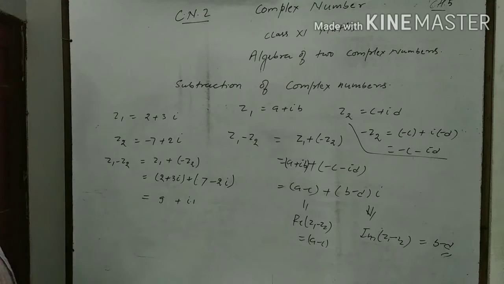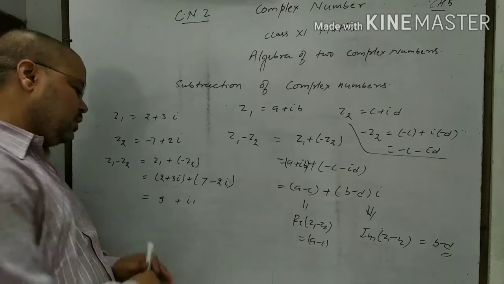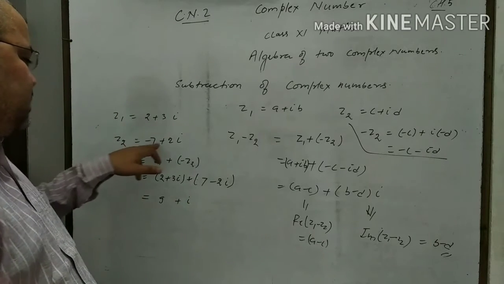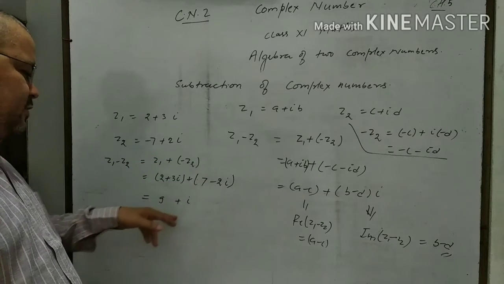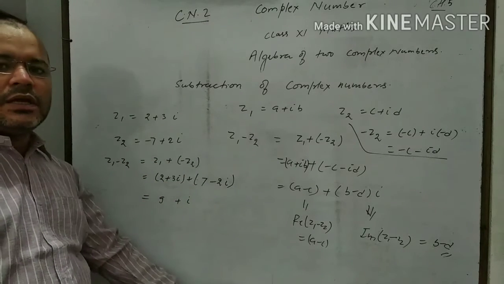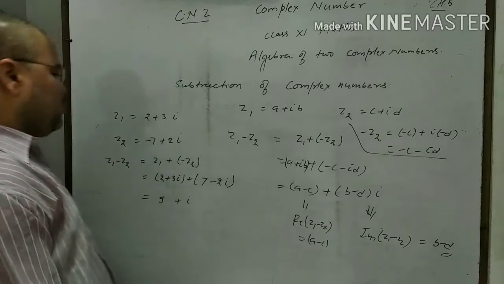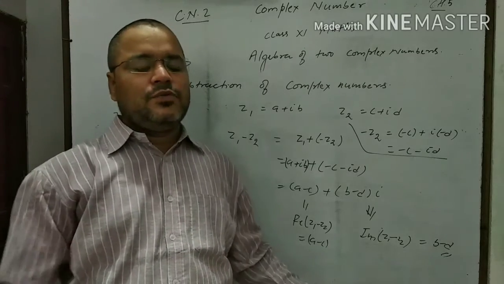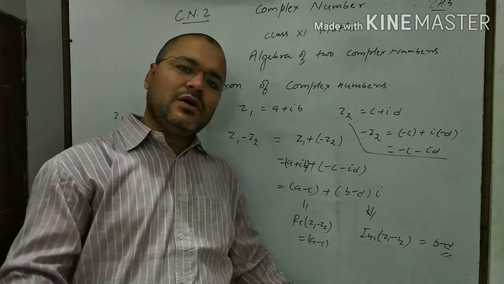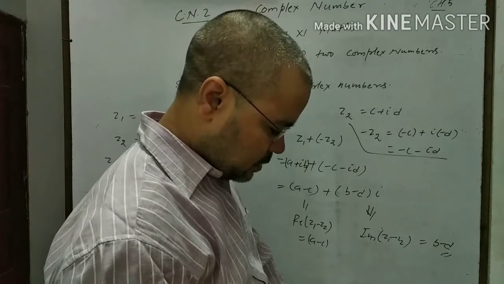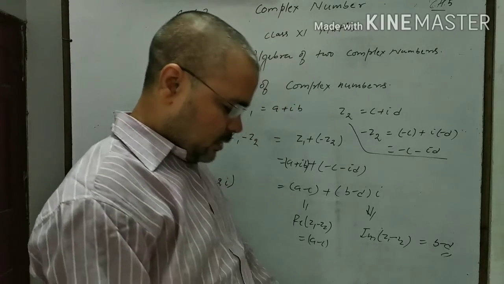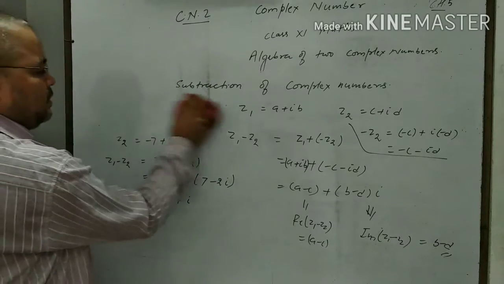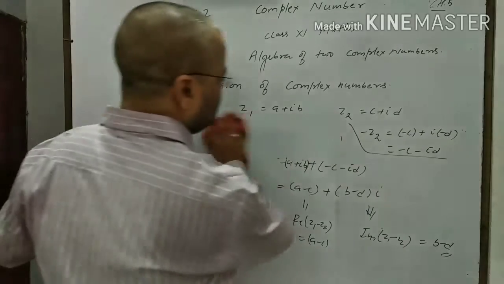So Z1 minus Z2 is 9 plus i into 1, or simply 9 plus i. It means if we have two complex numbers, then their subtraction is also a complex number. If we have two complex numbers, then their addition is also a complex number. Okay. Now we will discuss the multiplication of two complex numbers.